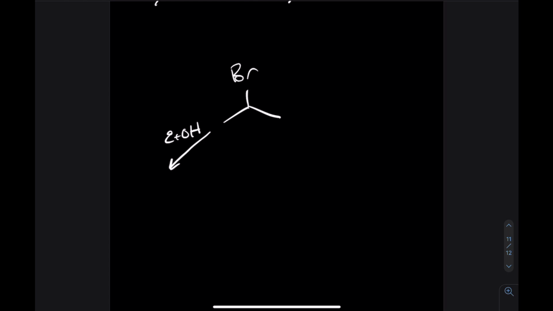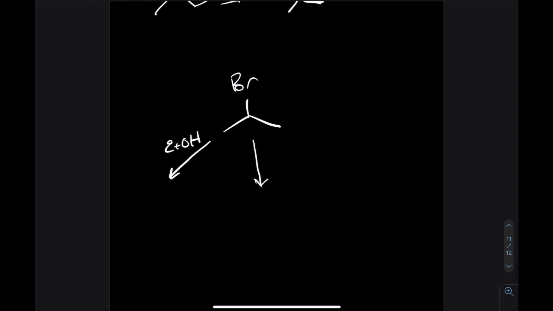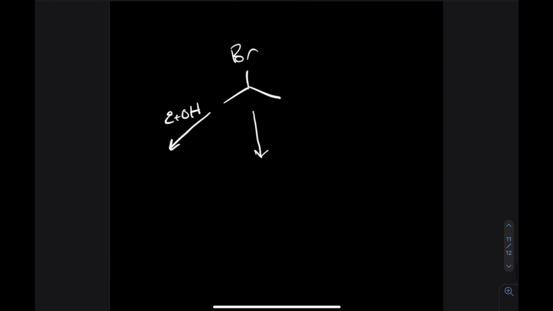It's just not a good base. Or you challenge it with something that is a really great nucleophile. Or you challenge it with something that is actually a really great base. Okay. And so in this particular case, your ethanol is principally going to give you your Sn1 type reaction.